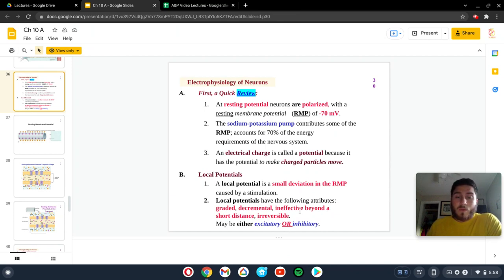With that said, we need to keep in mind one really important piece of information, and that is that a potential can be either excitatory or inhibitory, meaning that if there is a potential generated, it may excite that neuron, or it'll make the neuron less likely to be excited, which means it's being inhibited. That's really important to keep in mind. So we have two things we can try to do: excite it or inhibit it, make it work or prevent it from doing so. It'll make more sense in the coming videos.